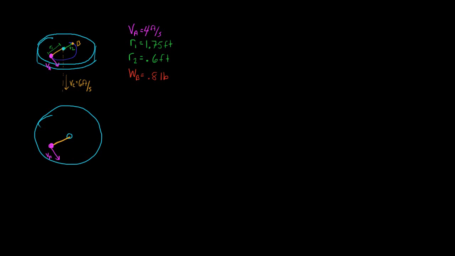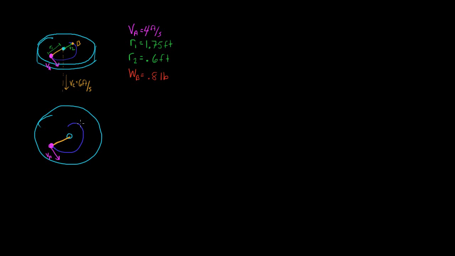Now, as the ball is being moved, since the string is being pulled down at 6 feet per second, the path that the ball is going to take is going to spiral into the middle. So it's going to look something like that.